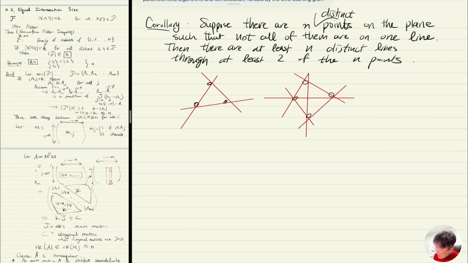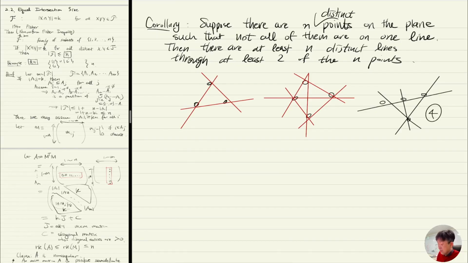But in some situations I only have a small number of lines. In this case, I have 1, 2, 3, 4 lines. Right here, you have 6 lines, 4 choose 2. And the question is, can you have a configuration which has a small number of lines going through 2 points?